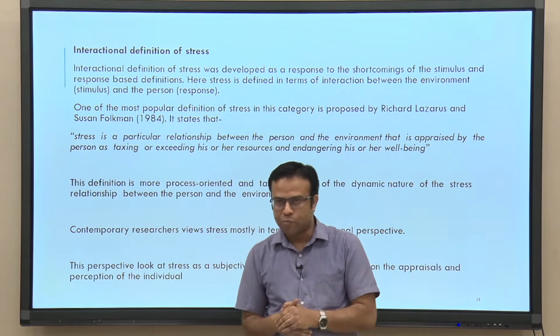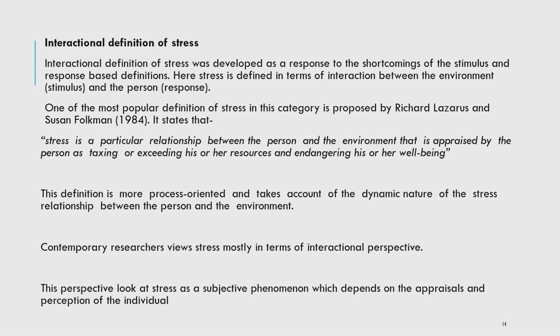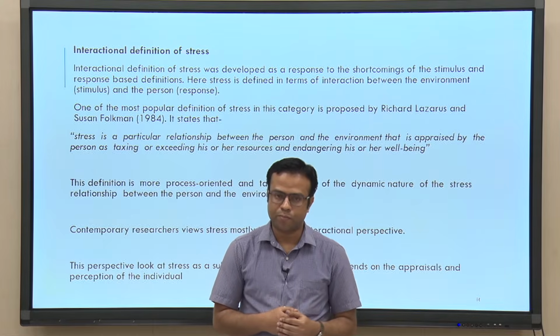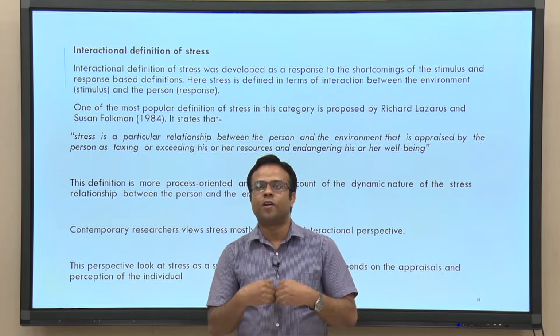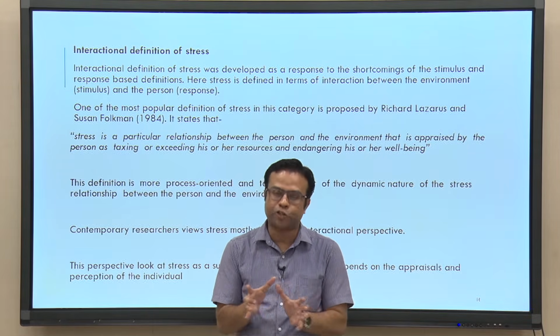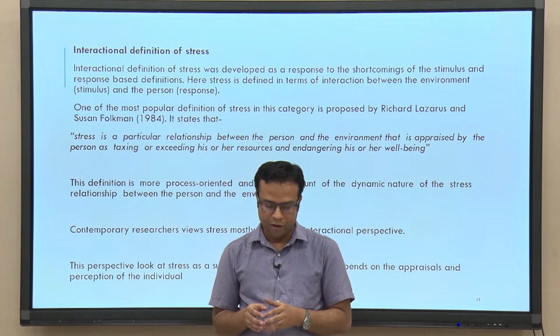This definition is more process oriented and accounts for the dynamic nature of stress, not just a static concept of stress. Nowadays, in the psychology literature, the most popular definitions of stress are interactional definitions.